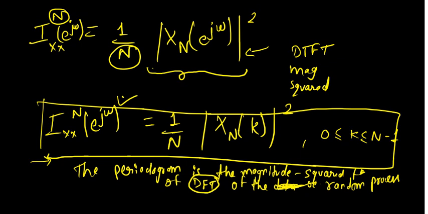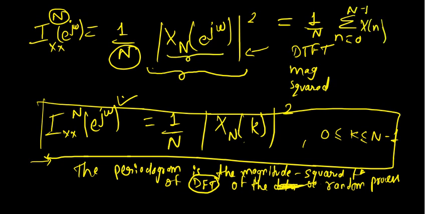So you can put this equation like this only in terms of e power j omega, right? And so I can write this as 1 upon n summation n equals 0 to n minus 1 x of n. I am just writing the definition of the Fourier transform, e power minus j omega n, and its mod square, so it will be squared.